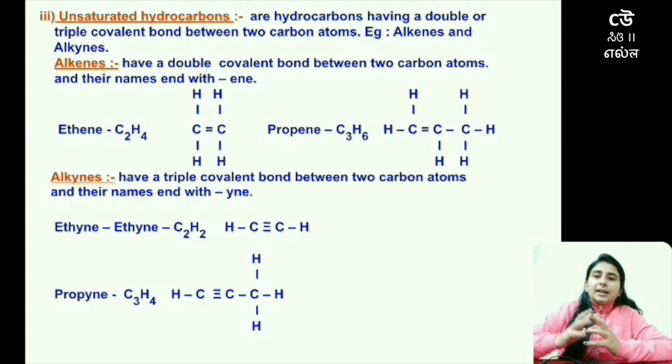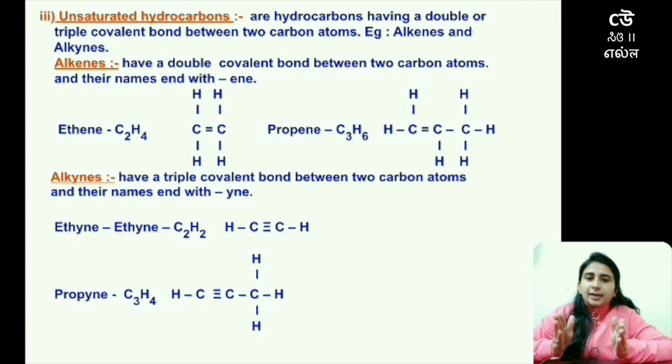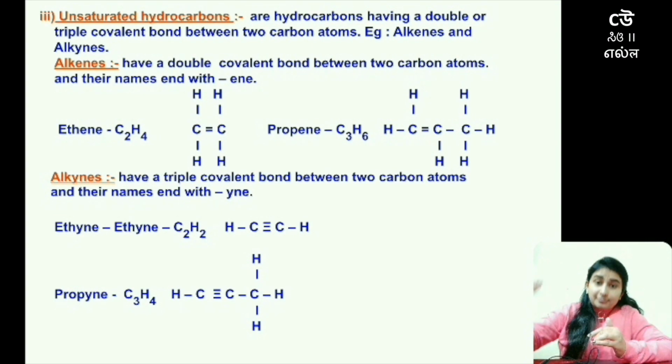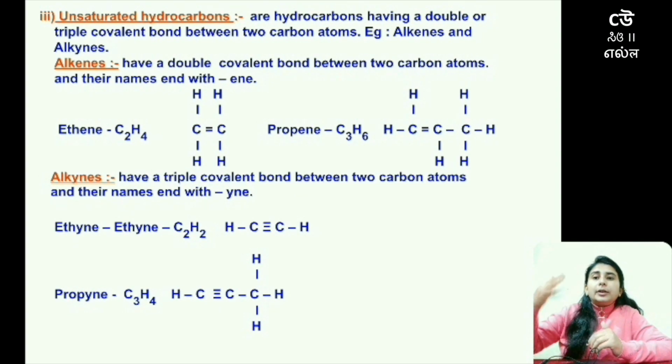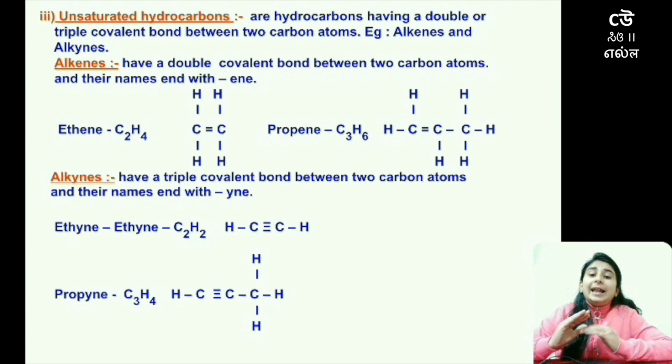Moving on, now let's just talk about what are unsaturated hydrocarbon. So याद रखिए, single covalent bond means alkanes or saturated hydrocarbons, but unsaturated means that you will find that hydrocarbons will have a double or a triple covalent bond, and the best examples are alkenes and alkynes.